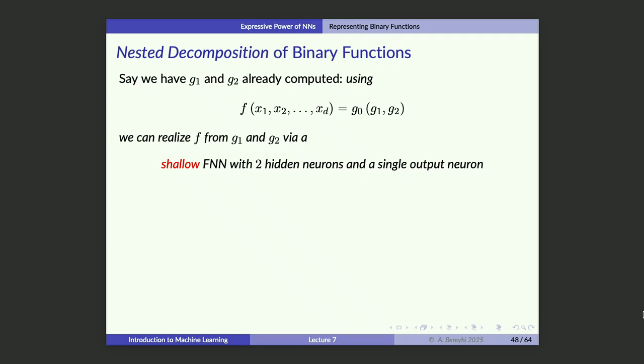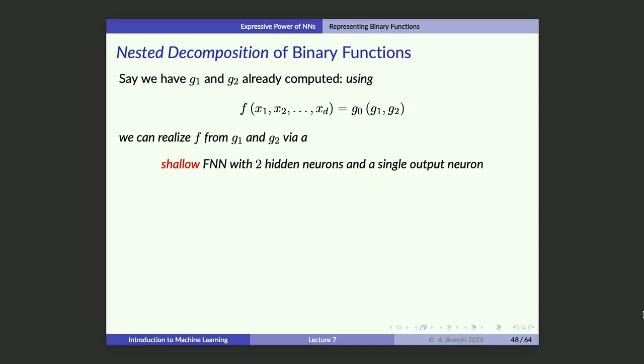Now, say that I have done this for you, okay? So say I have 2 magic functions, g1 and g2, which compute 2 binary variables, and out of those binary variables, the only thing you need to do is to compute another binary function. Now, if you want to realize that g0 of g1, g2 by a neural network, how many neurons do you need?